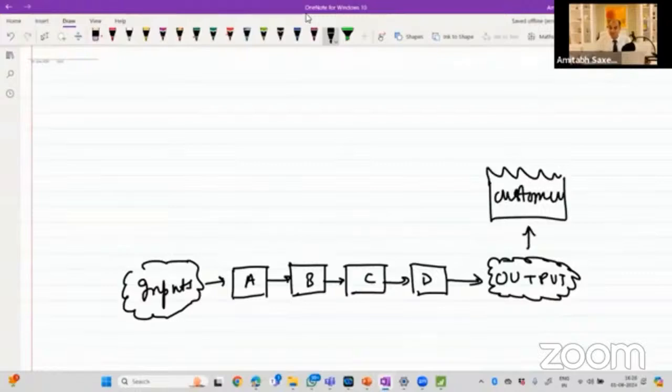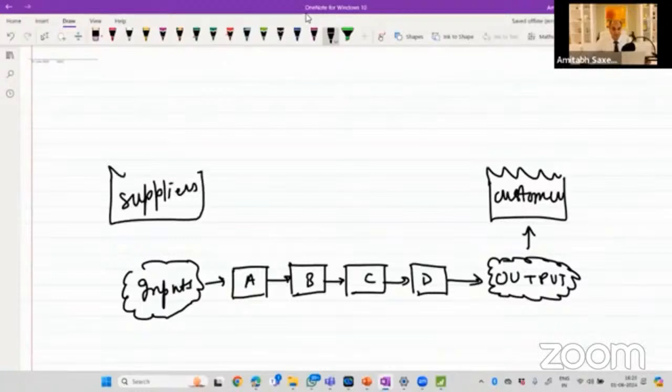The outputs are consumed by the customer. And suppliers are supplying the inputs. So this is the process. Through a series of process steps, we are creating an output.